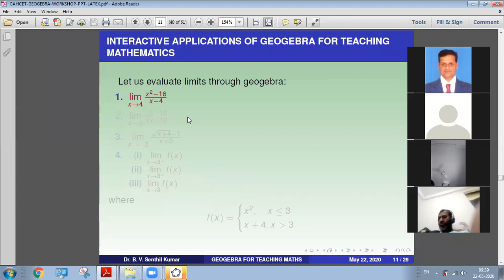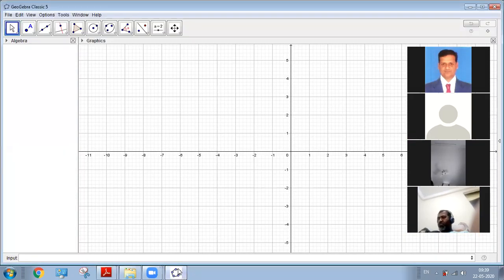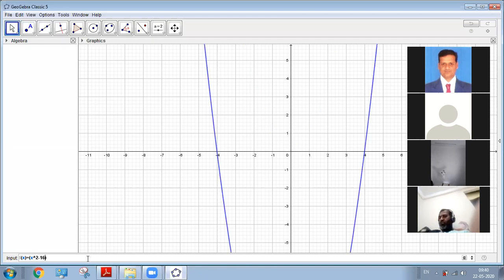Suppose you want to find the limit of this function, limit as x tends to 4 of x squared minus 16 by x minus 4. For this, we first type the function f of x equal to x squared minus 16 divided by x minus 4.